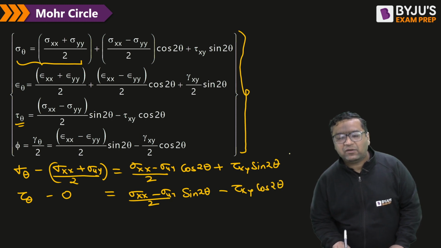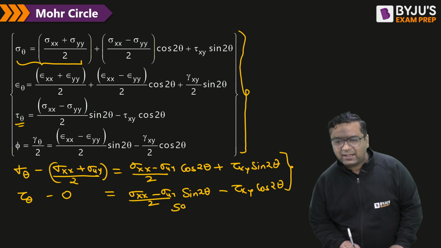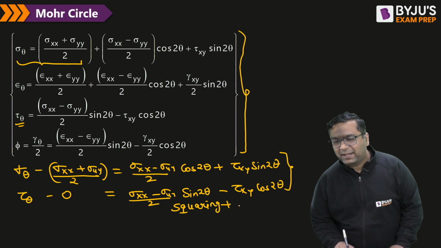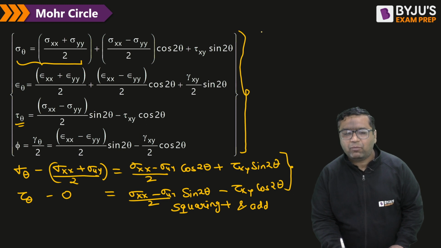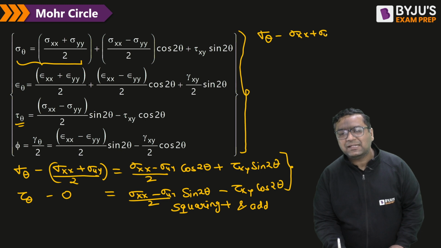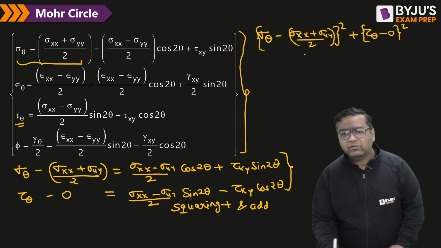If you see these two equations, and you just square and add them, then my dear, squaring and adding will give you the equation as: sigma theta minus (sigma xx plus sigma yy) by 2, as it is on the left hand side, squared, plus tau theta minus 0 squared, and the right hand side will be ((sigma xx minus sigma yy) by 2) squared plus tau xy squared.